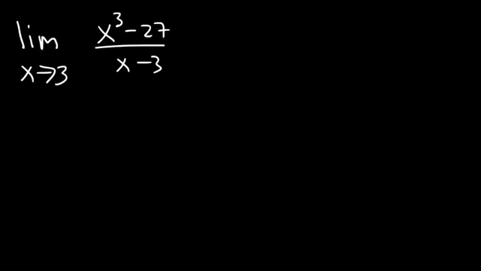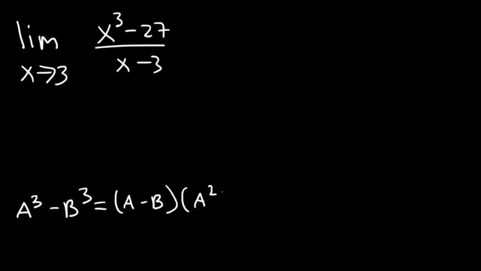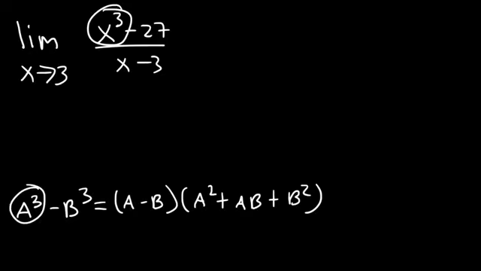What we have is the difference of cubes. And whenever you see that, you can use this formula: a cubed minus b cubed is a minus b times a squared plus ab plus b squared. In our example, a to the third is like x to the third, and b to the third is 27.